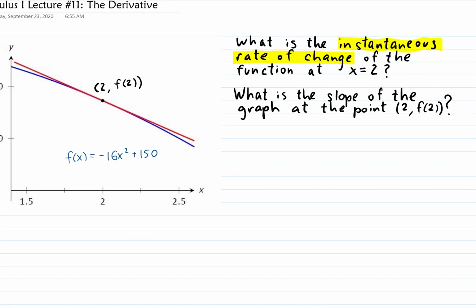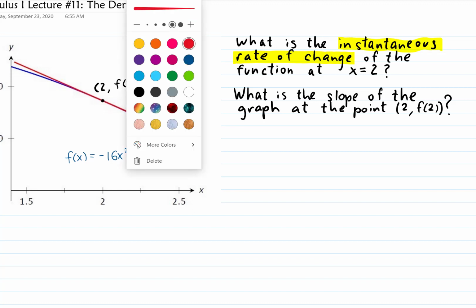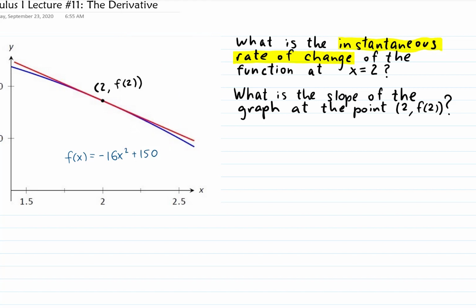Okay, now there's two concerns that come up. One concern is the word slope is usually used in relation to what kind of shape? Well, when we say slope, we're always talking about lines, aren't we?